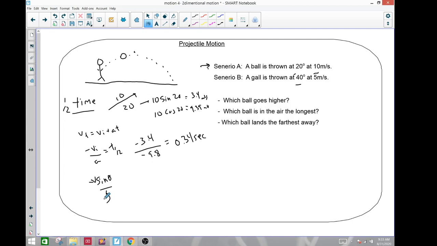Okay, so 0.327. So I just took the 5 times the sine of the 40 degrees over negative 9.8, and this gave me 0.32 seconds. So, which ball goes higher?